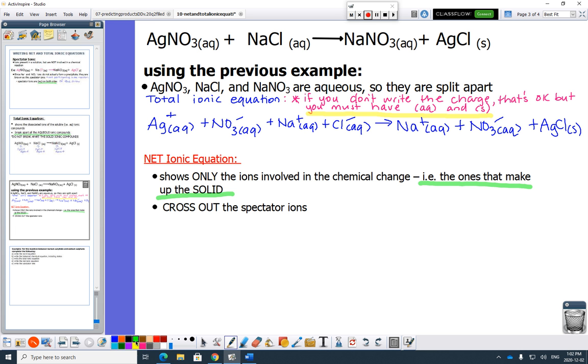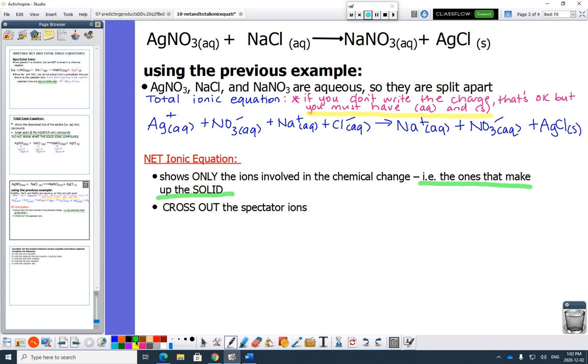Part B, switch the partners, figure out the solid. Part C, write the total. Part D, write the net. So I want to see your total, okay? So if you're going to cross out spectator ions, that's fine, but just do it lightly, so that I can see what's underneath. Some people choose to not even cross them out. They just cross them out in their brains, whatever. So you have a variety of options to do here.